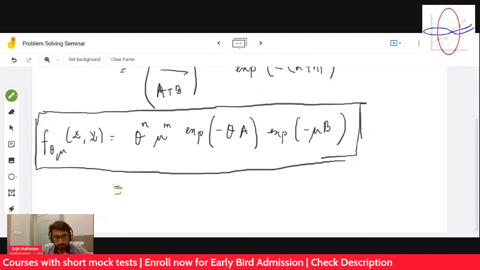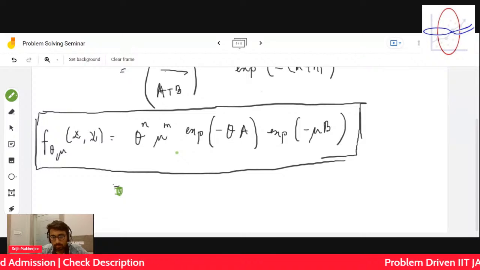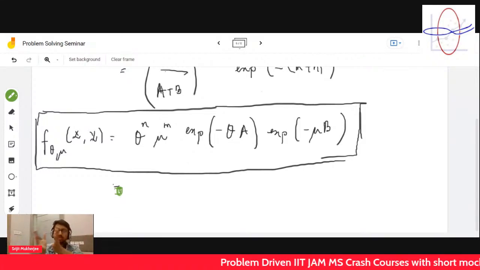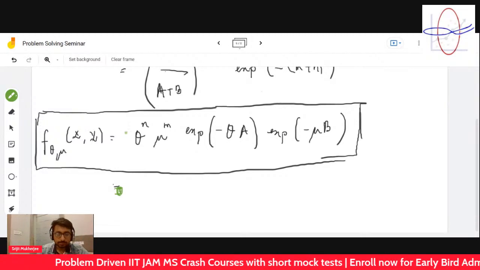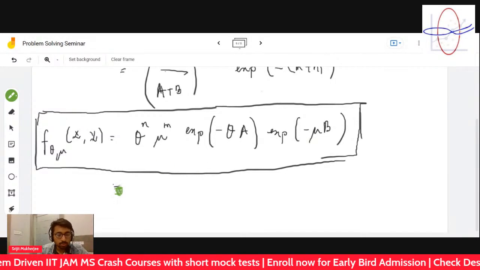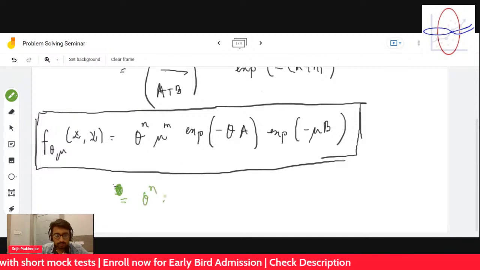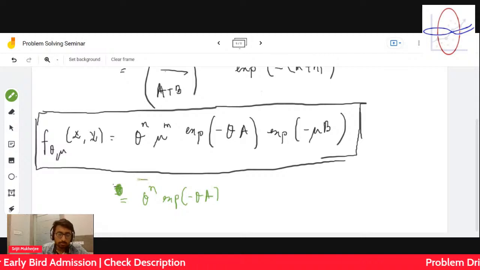So now we have to maximize it with respect to theta and mu both. It's a product of two terms. You have to maximize both of them individually, because they are in product format, and maximizing both simultaneously is the same as maximizing this, because they are not dependent on each other.